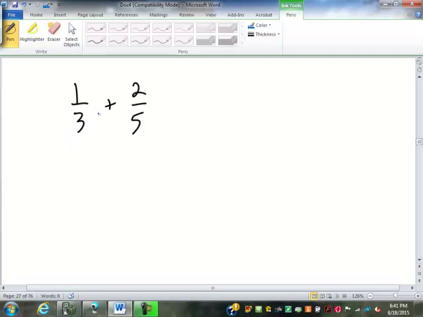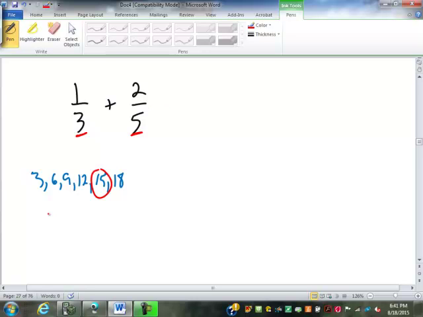You're looking at multiples of 3: 3, 6, 9, 12, 15, 18, and so on. The 5, well, you know that counting up by 5s is 5, 10, 15, 20. So I can look at this list here and realize the 15 is the first number that both of those would go into.